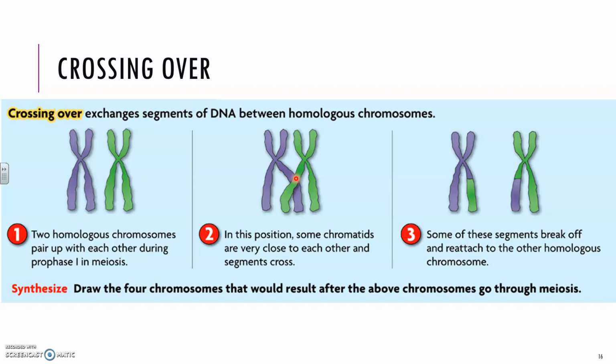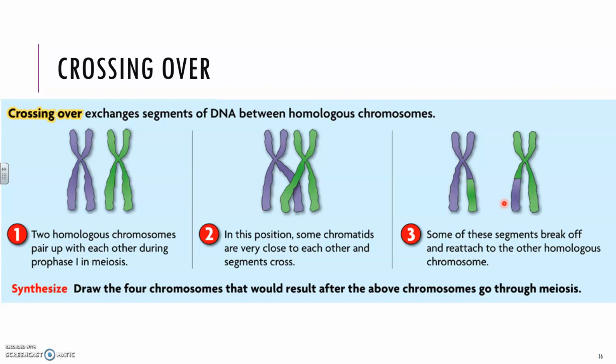They get a little confused about which section comes from which chromatid, so they will switch information. A segment breaks off and reattaches to the other homologous chromosome, which then gets its own new piece of DNA.